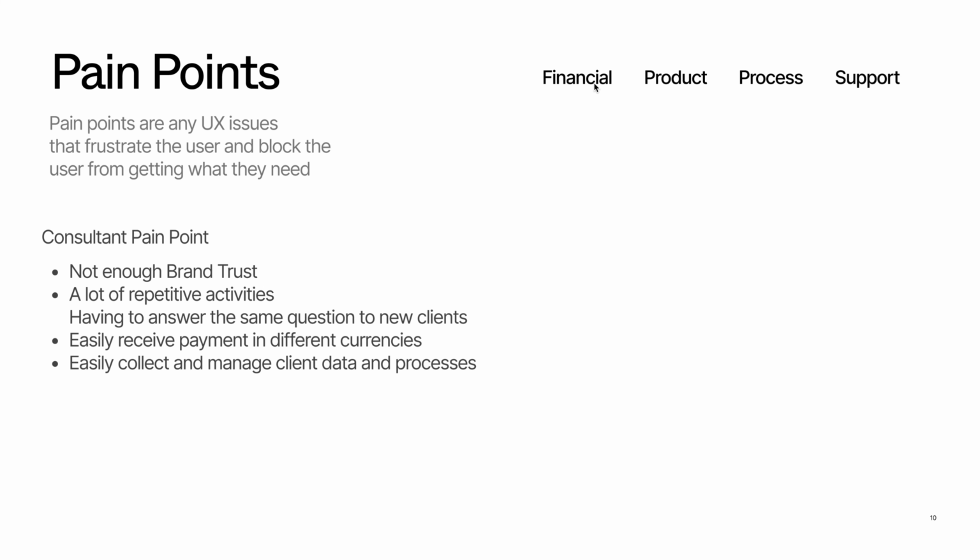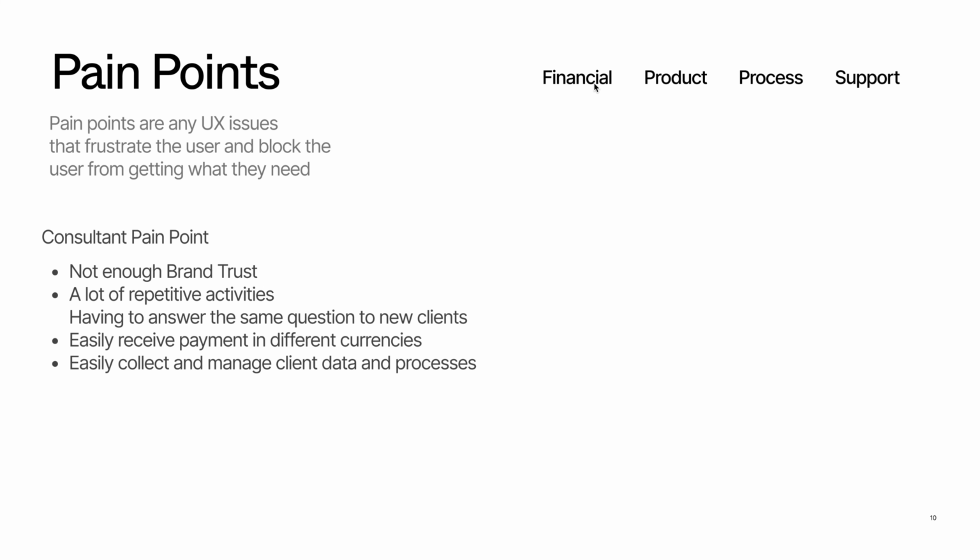A product pain point is typically when a user comes to your website or to your product expecting to be able to do a particular thing. For instance, in our case, we have an immigration consulting firm, right? Whenever a user visits this website, they are expecting that they can book a consultation with an immigration expert.